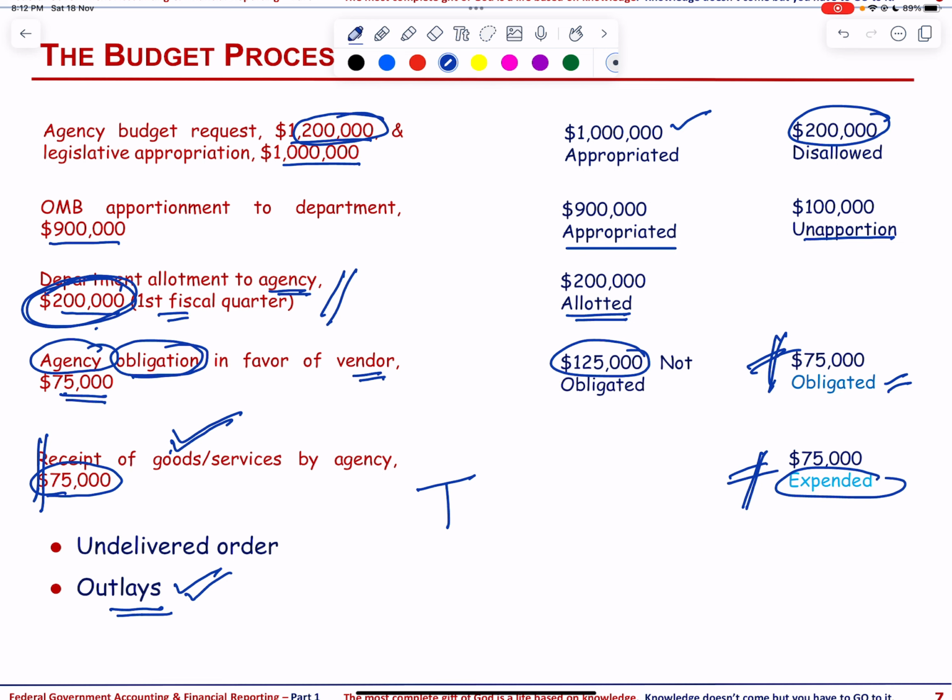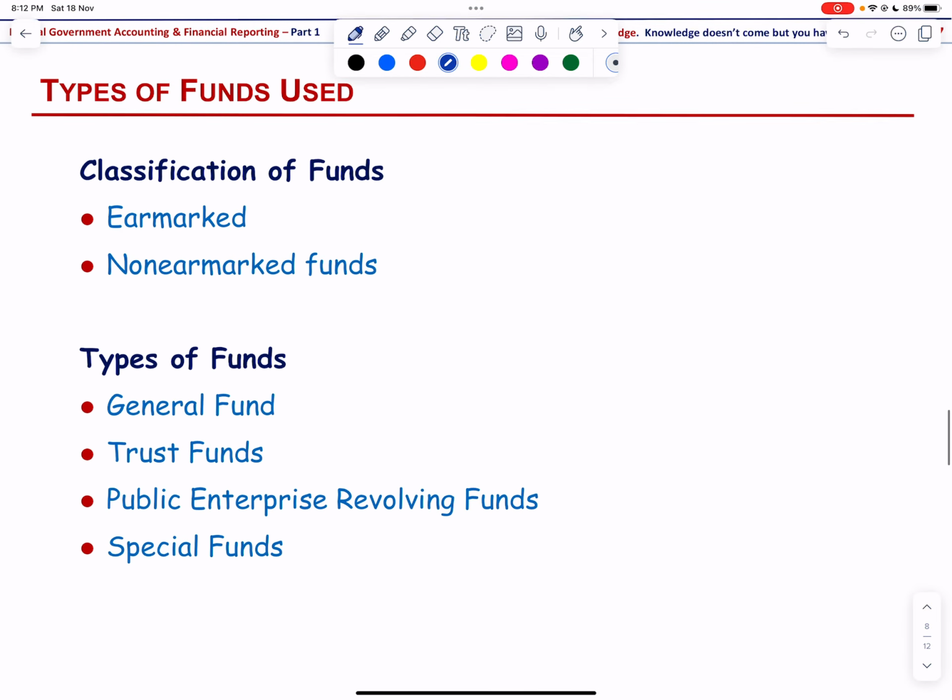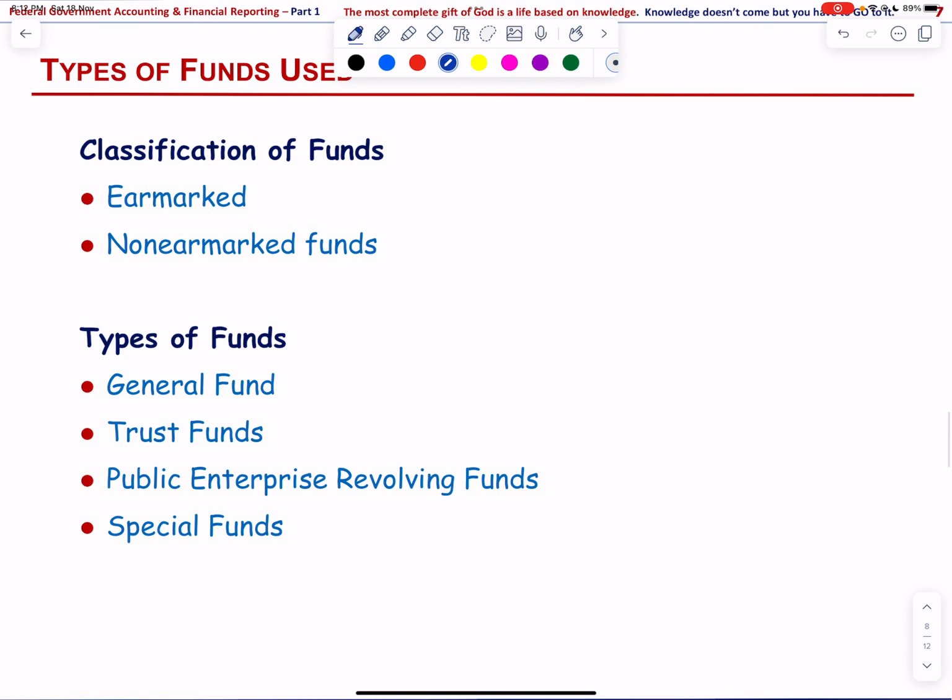Next, let's talk about the types of funds used. The federal government uses several types of funds, and these funds are classified as earmarked funds and non earmarked funds. Earmarked funds are for specific purposes.